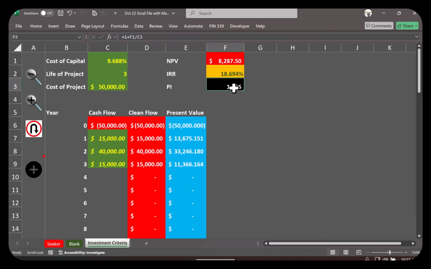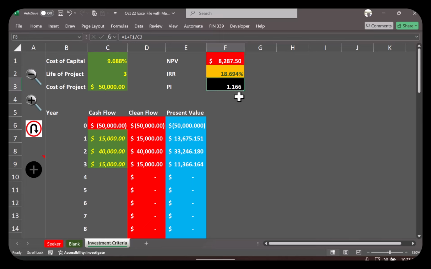But there's going to be some sort of narrow area where I'm going to say, be careful, because these numbers are, after all, estimates. So don't necessarily accept a project if PI is 1.001, or don't necessarily reject it if PI is 0.998.